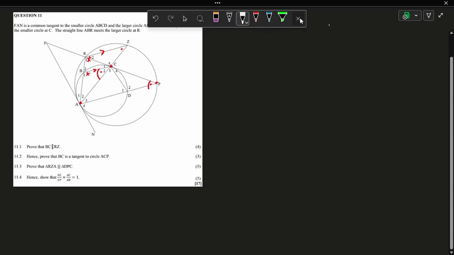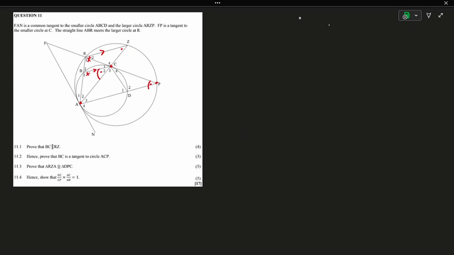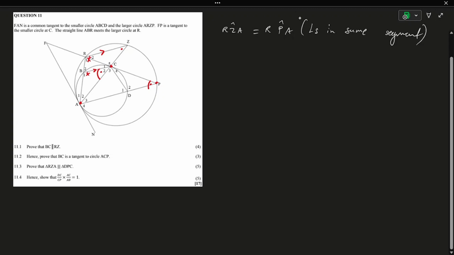The way that we can use is we can see that the angle RZA is equal to the angle RPA because they are angles in the same segment, right? They are subtended by the common chord RA. So we have angles in the same segment.